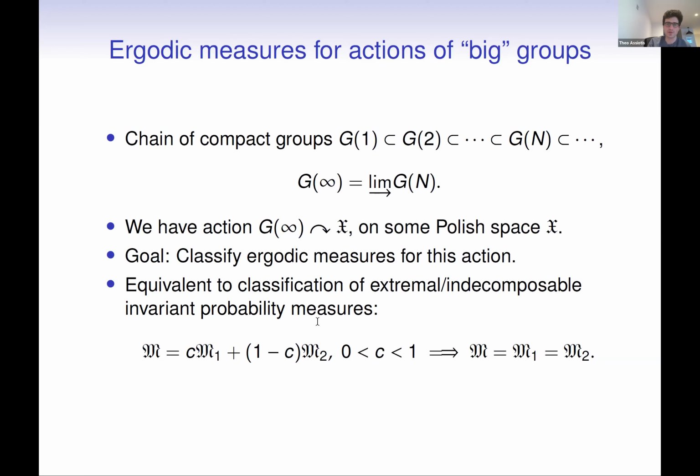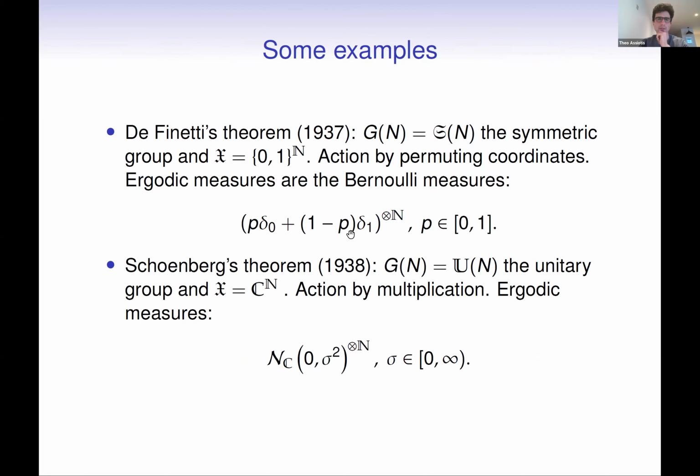Let me give you two very simple examples before giving you the example of interest where this random variable first came up. Maybe the simplest possible example is de Finetti's theorem. Now the groups are just the symmetric groups, and X is the space of binary sequences, and G infinity is acting by permuting the coordinates.